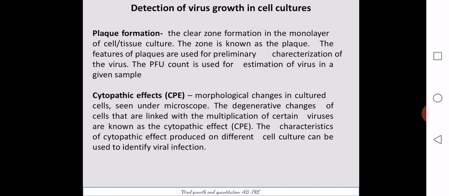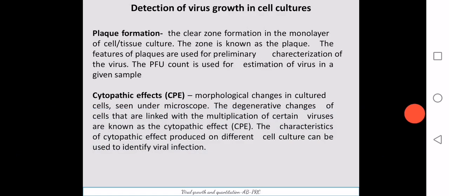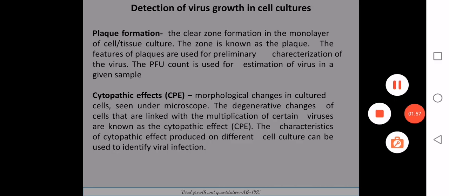Under microscopy, you can observe degenerative changes of the cell that are linked with the multiplication of certain viruses, and these damages created in a cell as a result of the viral multiplication are called cytopathic effect, right? Each virus will produce a characteristic cytopathic effect, so these characteristic cytopathic effects are also used for the identification of certain viruses.